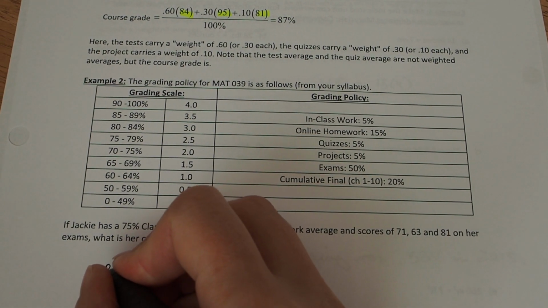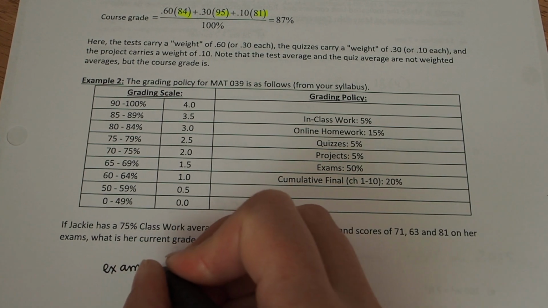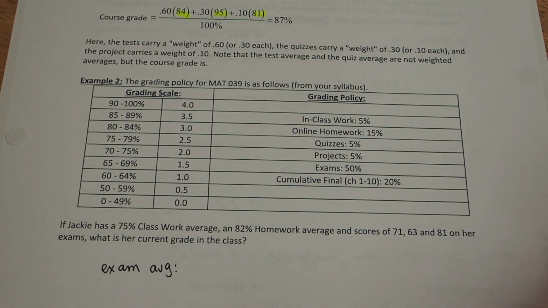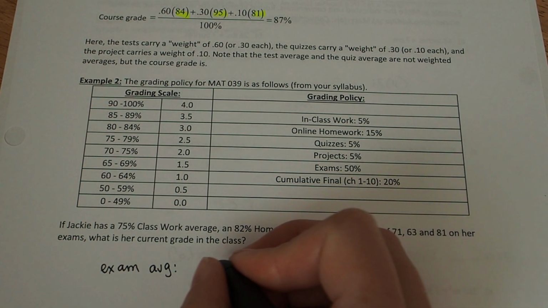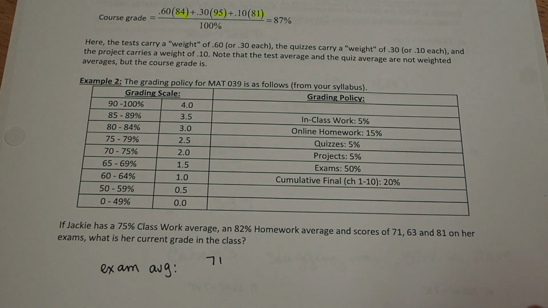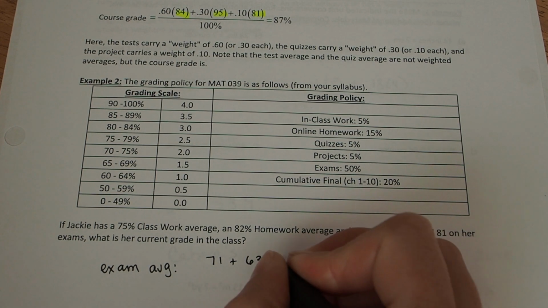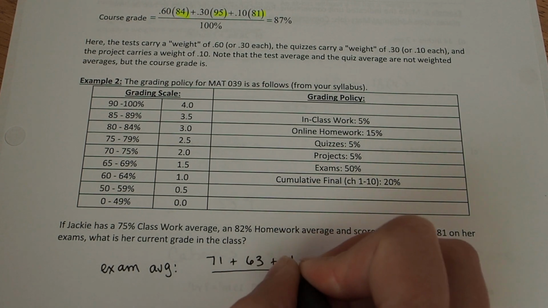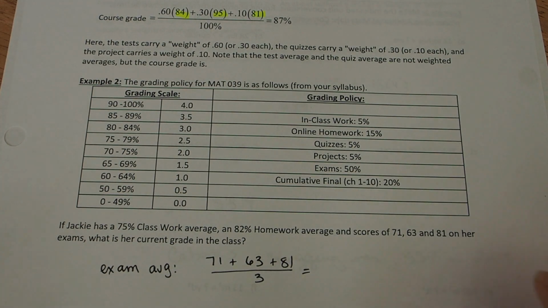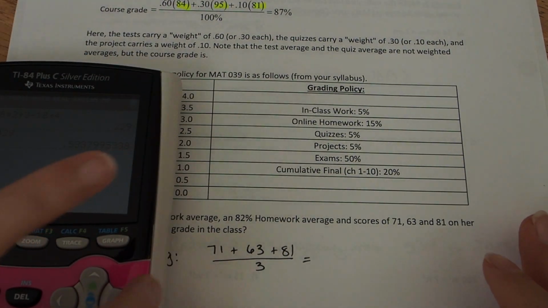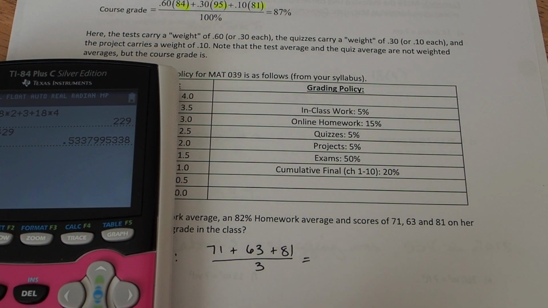Okay. At first, I need the exam average. And there were 3 exams, assuming they're all out of 100, so I'm going to divide those by 3. So 71 plus 63 plus 81 divided by 3 is going to give me her exam average. I need to calculate that first. Okay.